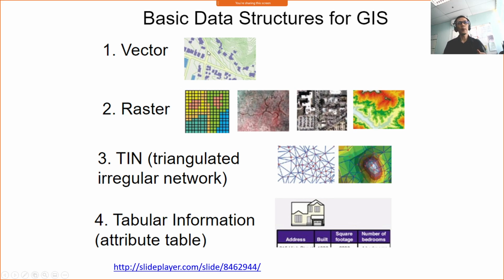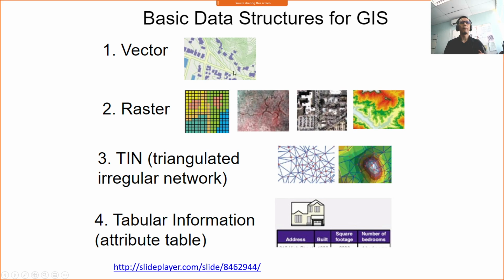So this is the basic data structure for GIS. You got vector. In vector, you can see points, dots, and these boxes are basically polygons, and these are the lines. So you got polygons, you got lines, but you don't have points here.